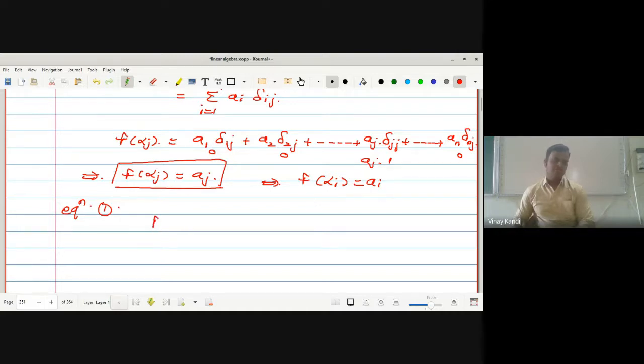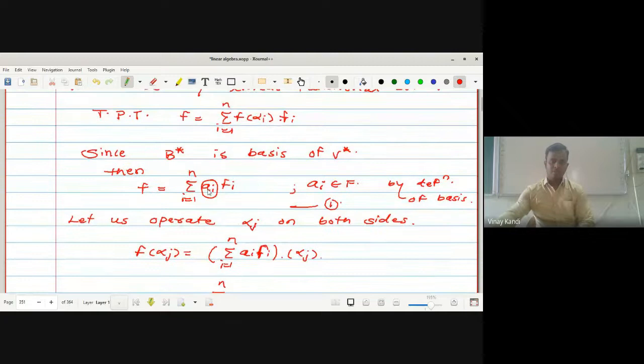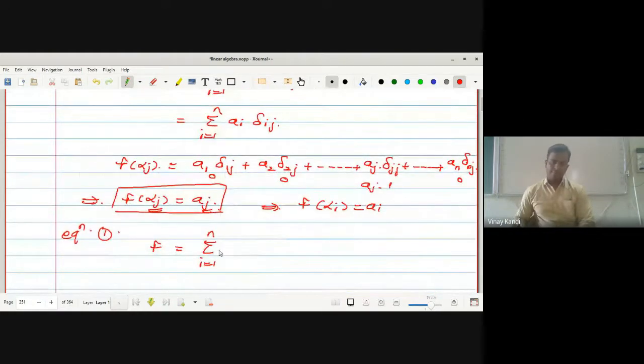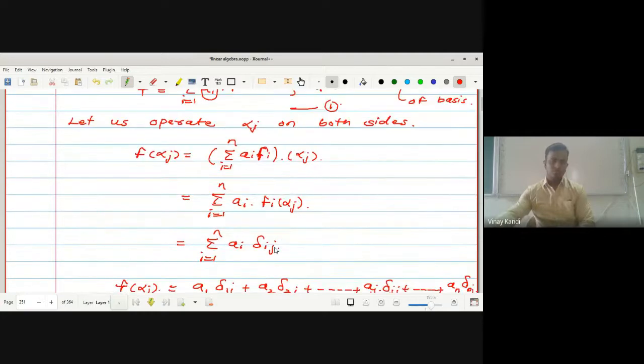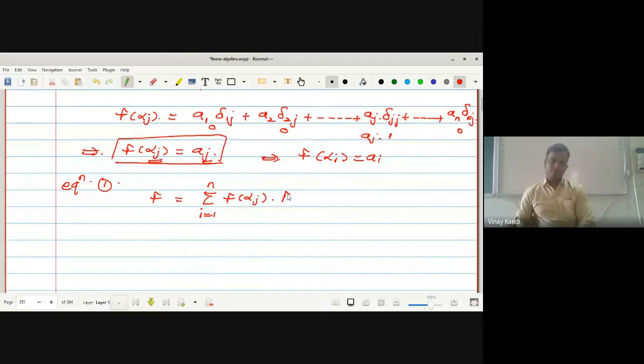So this implies f is equal to summation i running from 1 to n. Here i is just an index, just a subscript, so we can change it. So f is equal to summation i running from 1 to n. What is the value of ai? f of alpha i into fi. Hence the proof. Any doubt?